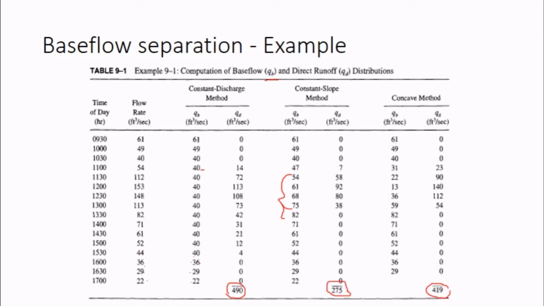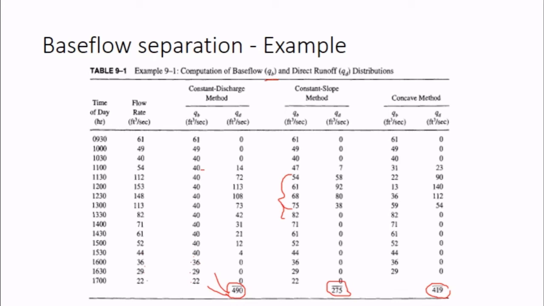So, depende yun sa situation and depende sa designer. Kung medyo conservative ka, pwede ka naman mag-constant discharge, or piliin mo yung pinakamalaki yung makukuha mong runoff. Kasi mga model lang to, mga experimental, tinest lang nila experimentally.